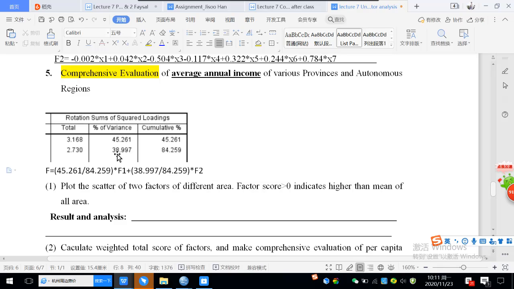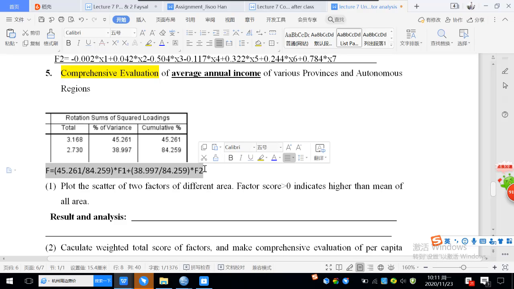Okay, then use this equation. You can calculate the comprehensive evaluation F. Okay, I write down it.